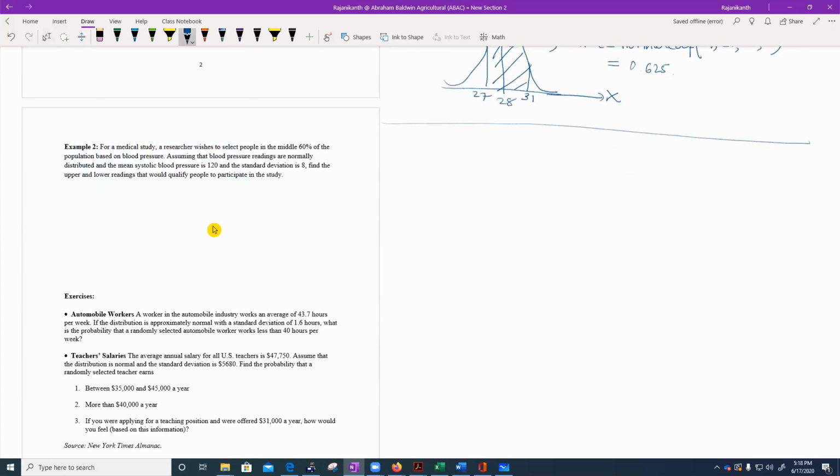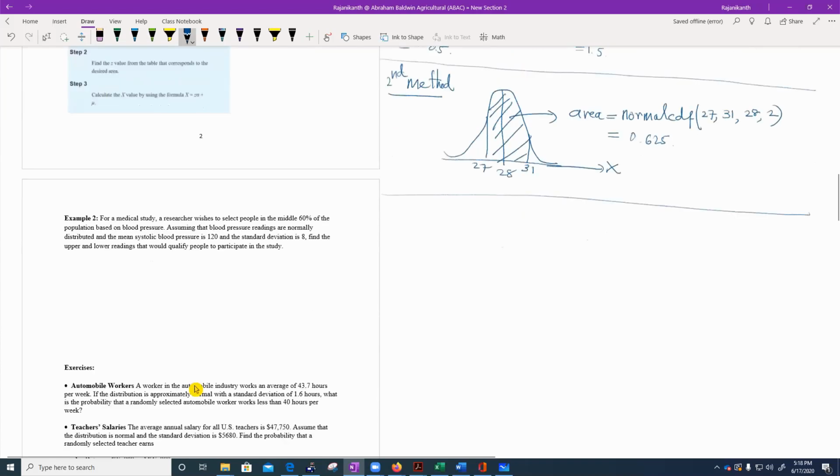For a medical study, a researcher wishes to select people in the middle 60% of the population based on blood pressure. Assuming that the blood pressure readings are normally distributed, and the mean systolic pressure and the standard deviation are known, find the upper and lower readings that would qualify people to participate in the study.